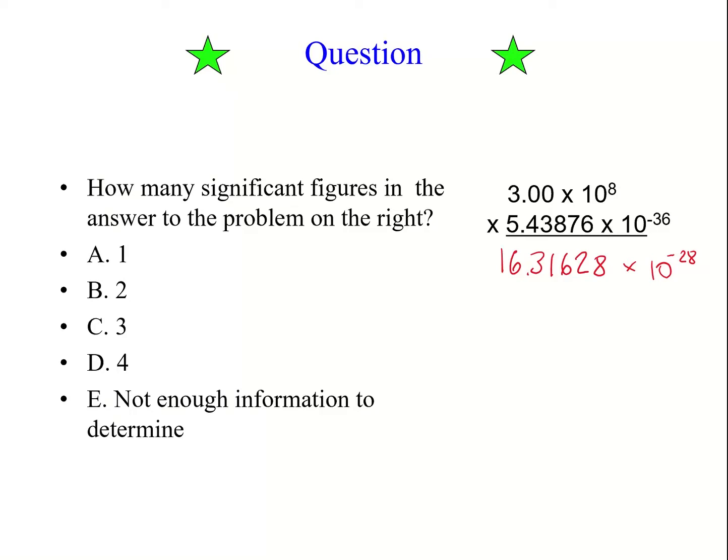Let's count the number of significant figures in each of the numbers. This number has 3 sig figs. And this number has 6 sig figs. It means that we can only report 3 significant digits for our answer.